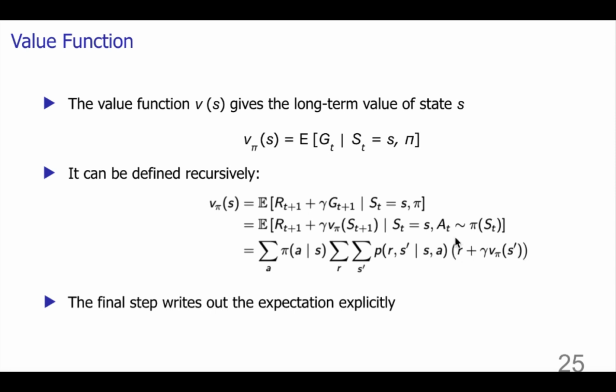I think this is simply the Bellman equation. You can define stochastically the value of state over pi in terms of the Bellman equation.